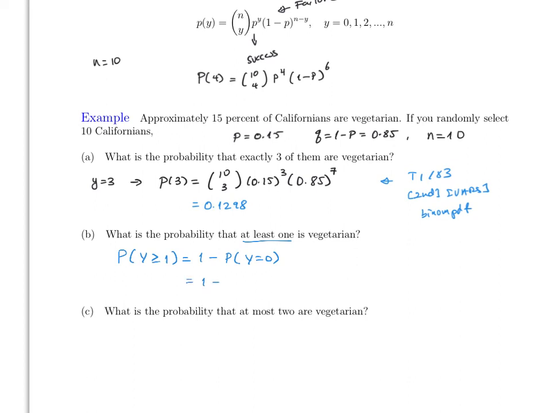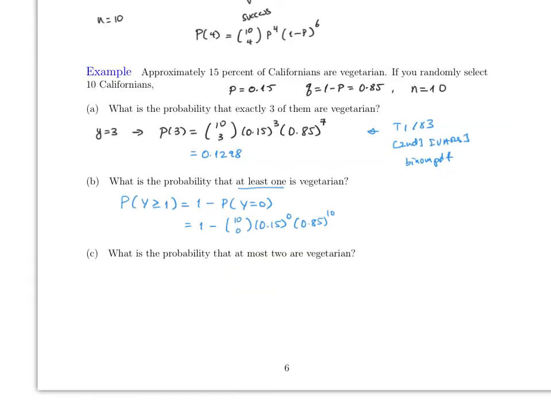So it will be 1 minus 10 choose 0, times 0.15 to the 0 power, times 0.85 to the 10 power. Remember that anything to the 0 power is 1, so this is just 1 minus 0.85 to the 10 power, and then whatever that is.